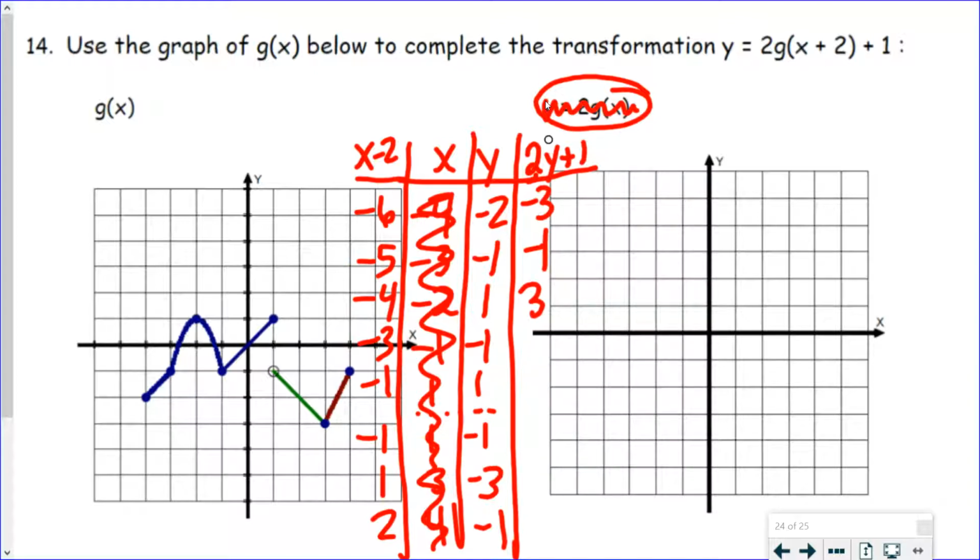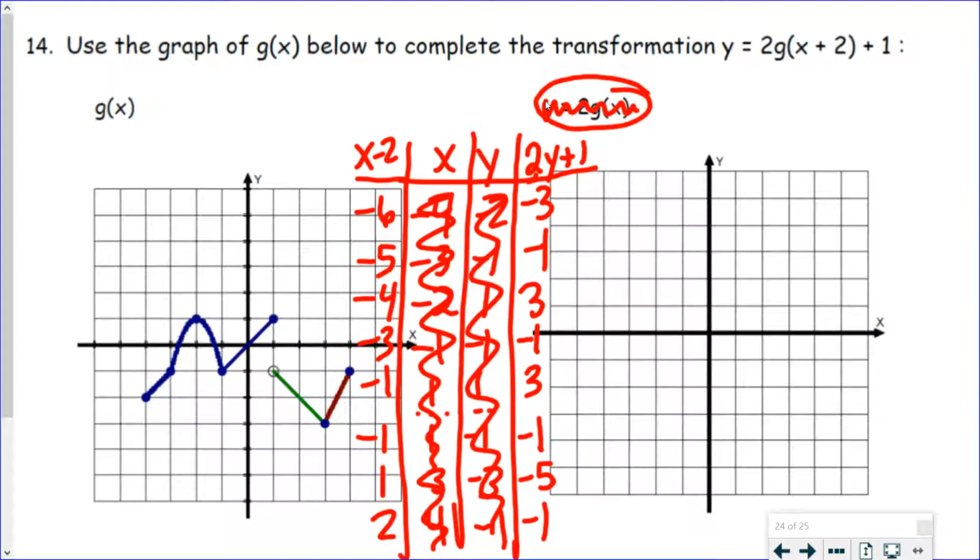Negative 1 times 2 is negative 2, plus 1 is negative 1. 1 times 2 is 2, plus 1 is 3. Again, negative 1 times 2 is negative 2, plus 1 is negative 1. Negative 3 times 2 is negative 6, plus 1 is negative 5. And then negative 2 plus 1 is negative 1, times 2 is negative 2, plus 1 is negative 1. So there's our new y values.